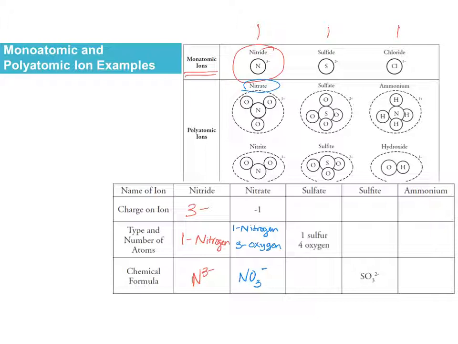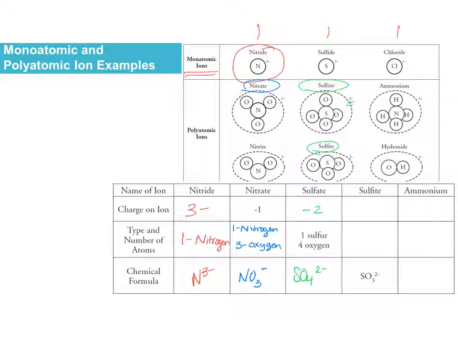Sulfate is right here. That has a -2 charge. I'm getting that from the little negative sign there. It has 1 sulfur, 4 oxygens. It's going to be SO4 2-. Sulfite, I'll do that one in green since there's still sulfur in there.